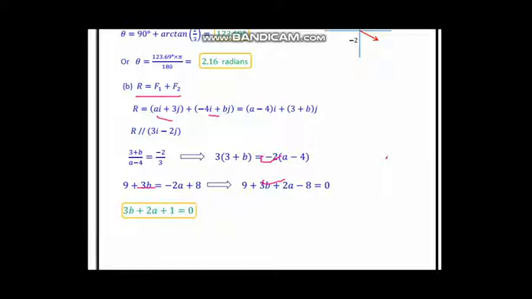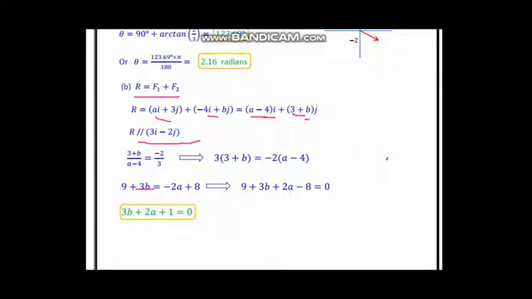Now we have a minus 4 i plus 3 plus b j, and R is parallel to 3i minus 2j. Since they are parallel, the slopes are the same, so j over i equals j over i. Now we have 3 plus b over a minus 4 equals negative 2 over 3. Do cross multiplication to get 3 multiplied by 3 plus b equals negative 2 multiplied by a minus 4. Distributing, 3 by 3 will be 9, 3 by b 3b.